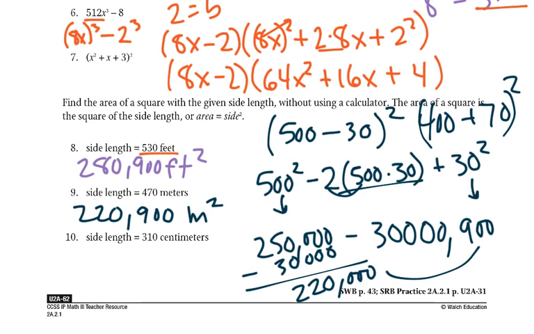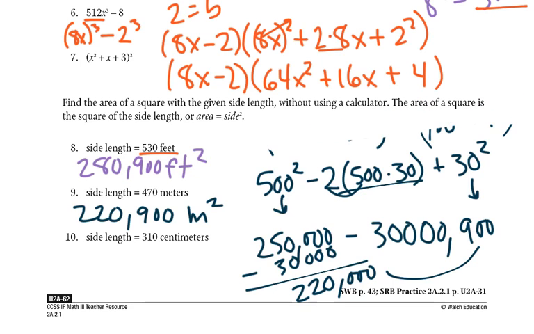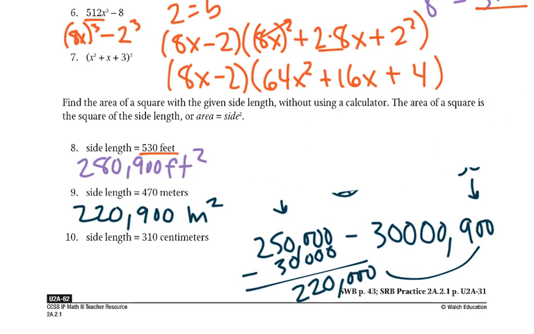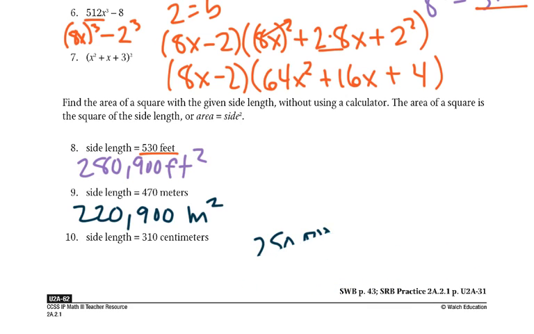Okay, now the last one, 310. Okay, and we could even split these up into 3 numbers if we really wanted to, or a variety of different things to help us figure out what was going on.